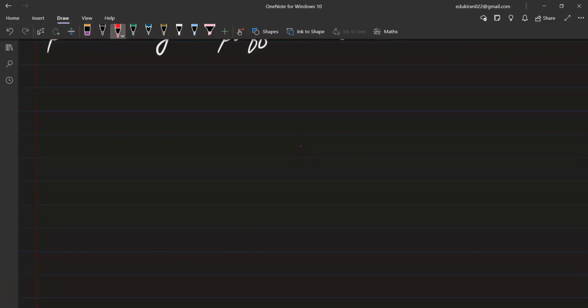Now we are going to look at the first electrolytic cell. Molten NaCl with platinum electrode.